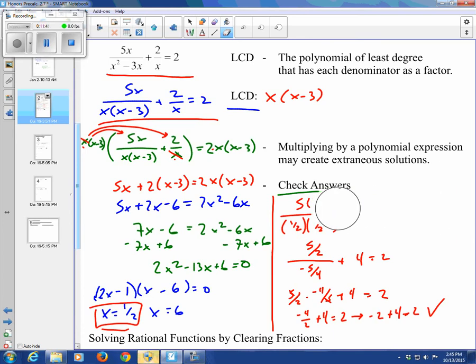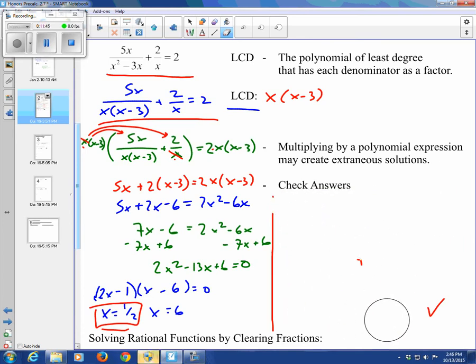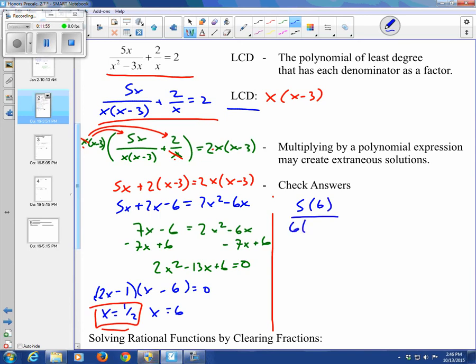Now right here we can do the same thing with our 6. So plugging this in, we can say we've got 5 times 6 over 6 times 6 minus 3, and then plus 2 over 6 gives us 2.